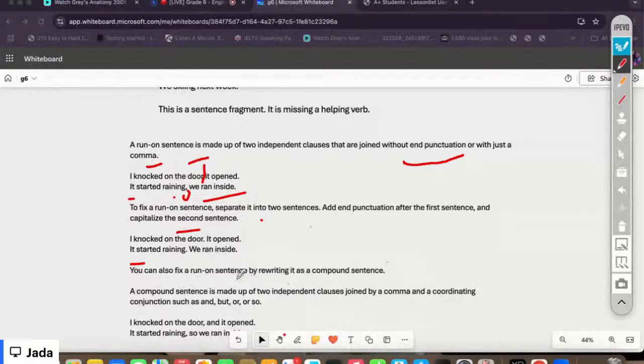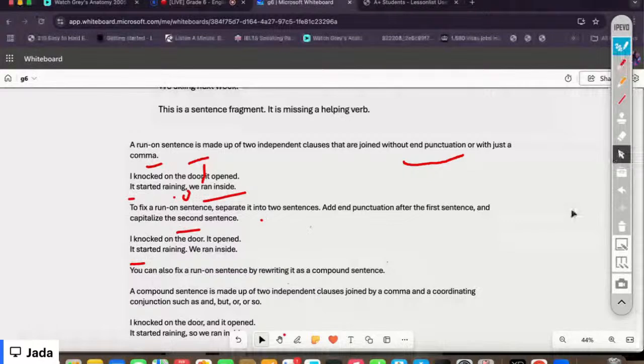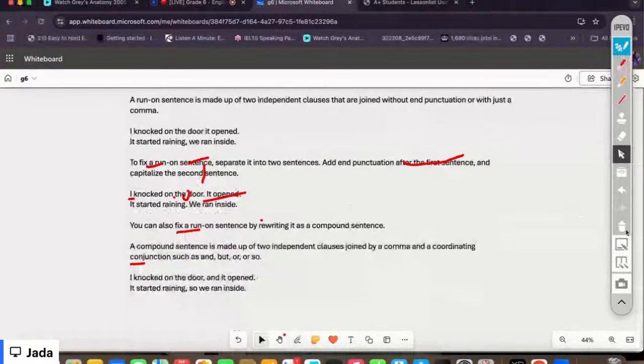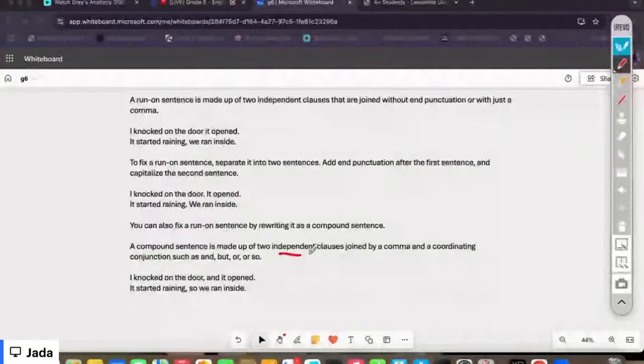You can also fix a run-on sentence by rewriting it as a compound sentence. A compound sentence is made up of two independent clauses joined by a comma and a conjunction.